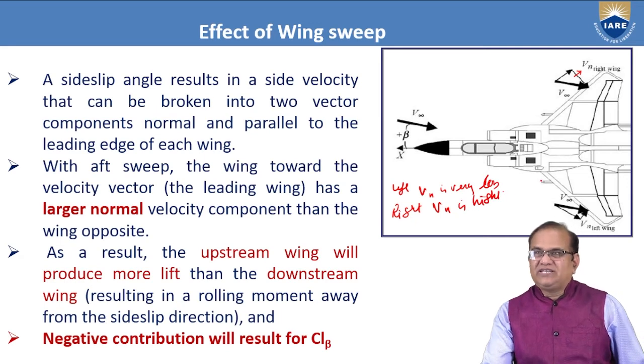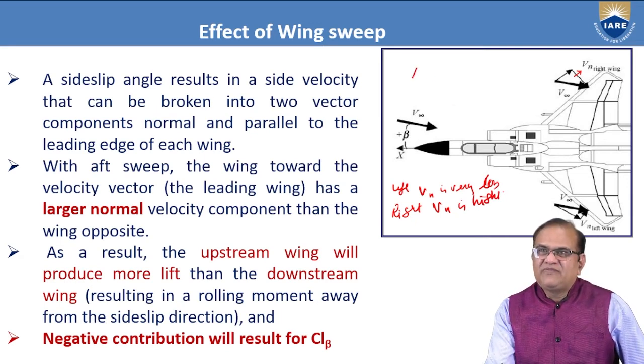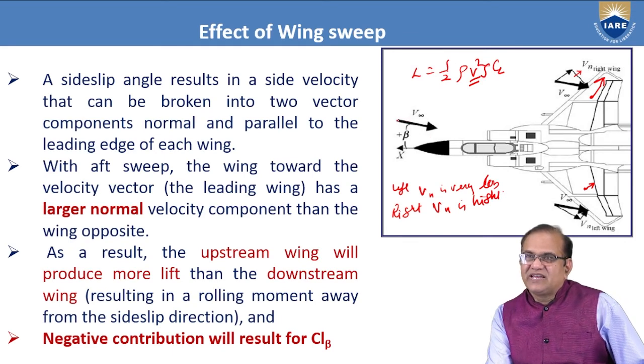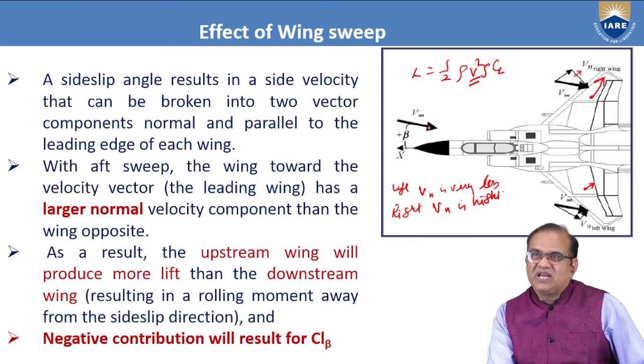You know that lift is equal to half rho V squared S CL. So if the velocity is high, in this direction you will have more lift, and here you have less lift. So what will happen if this side slip beta is coming from the right side? The right wing will experience a high velocity and a roll will happen in this direction.